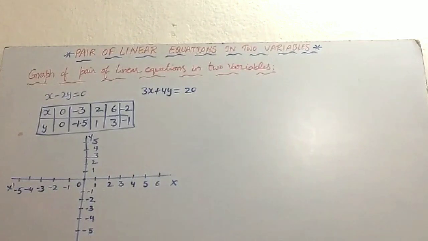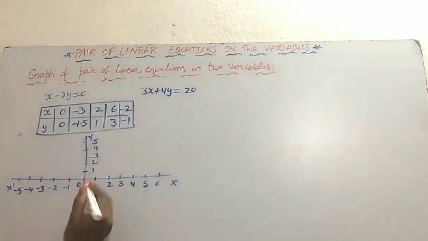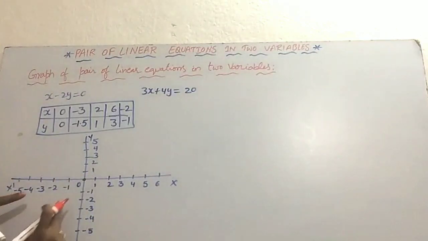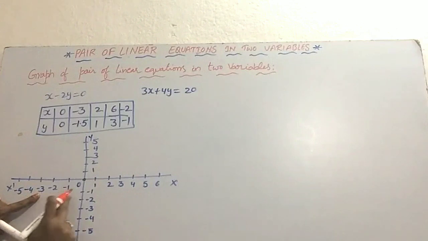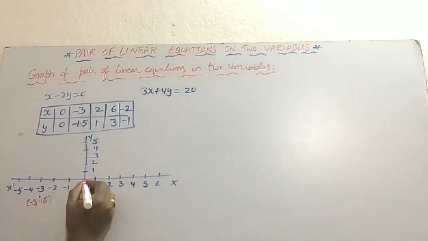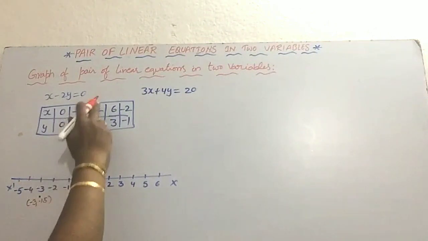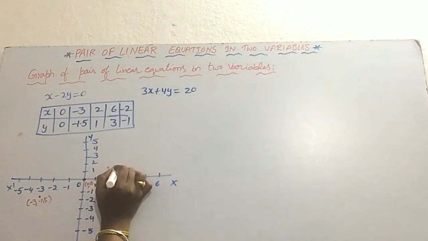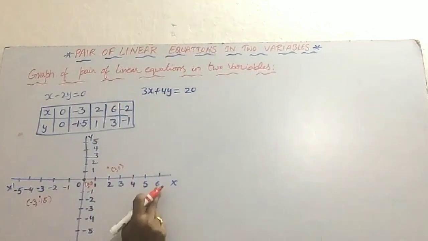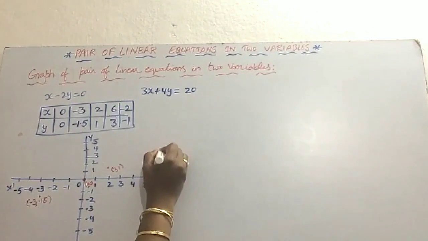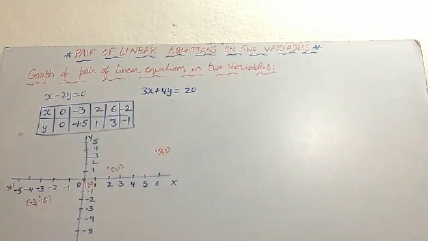The points are 0, 0; minus 3, minus 1.5; 2, 1; 6, 3; and minus 2, minus 1.